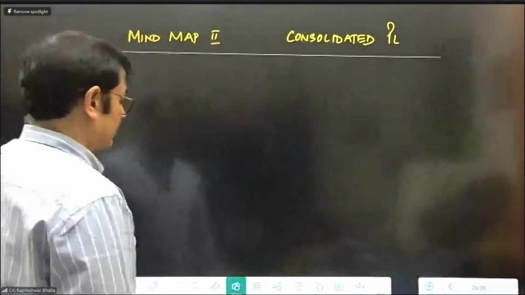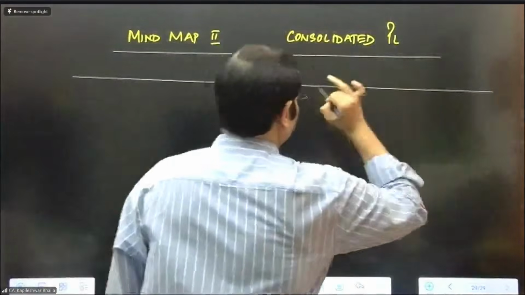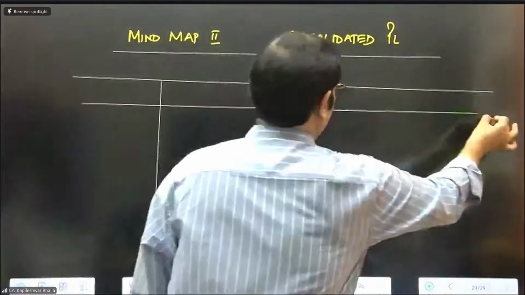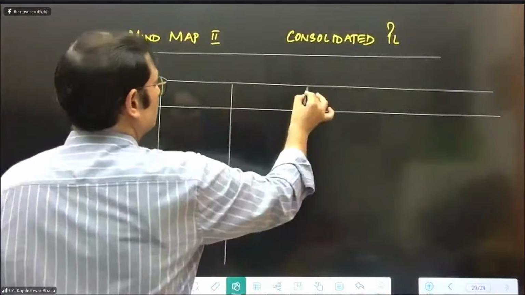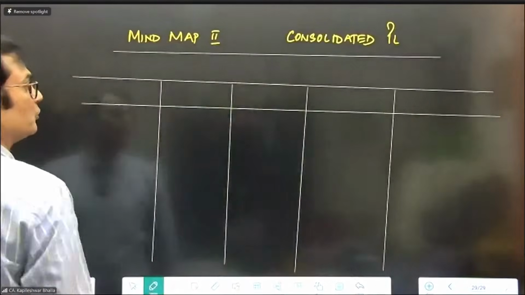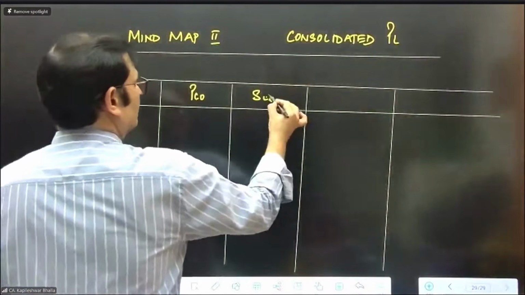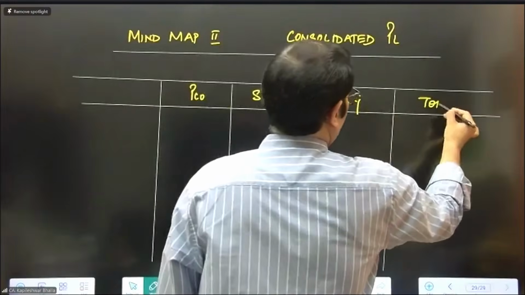So let's make this in a chart form itself. So we are taking a consolidated P&L. So let's see the focus points: the parent, the subsidiary, the adjustments, and the total. So this is for the parent company, subsidiary company, and we've got adjustments, and we've got a total.